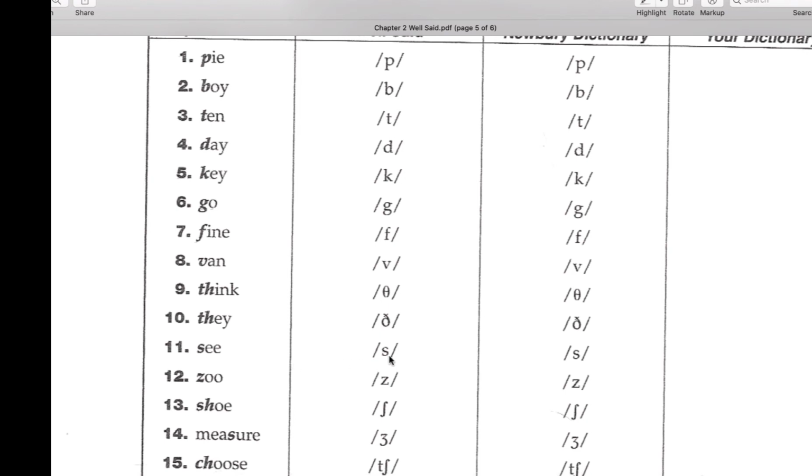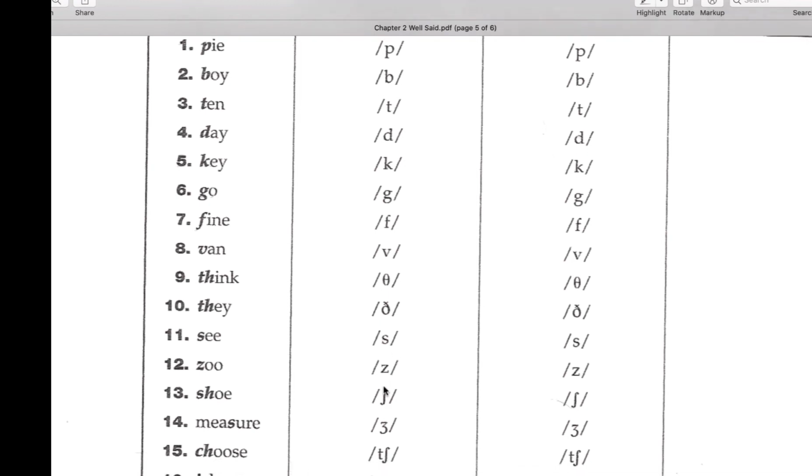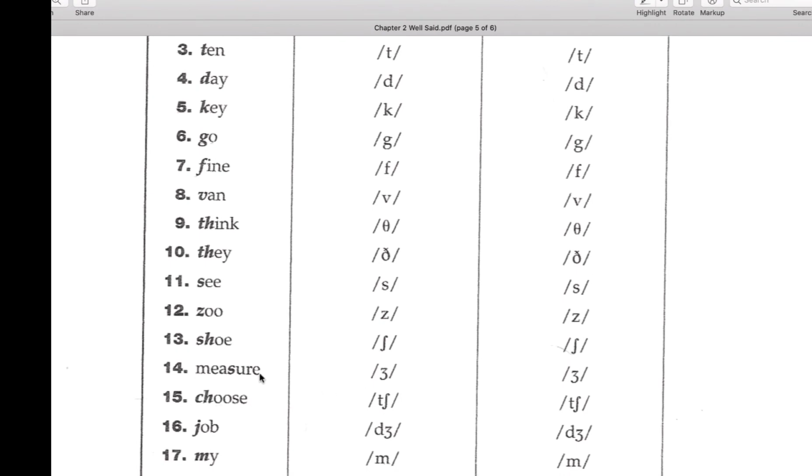Then we come down to the S, which is the normal expectation of the S, and then Z for Z. But then it starts to change again because the SH spelling in English can represent many different sounds.